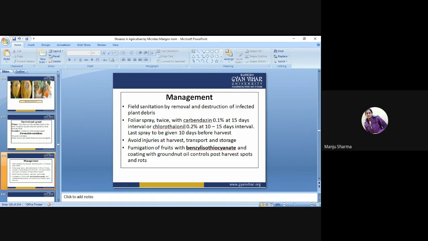Management: field sanitation by removal and destruction of infected plant debris, foliar spray twice with carbendazim 0.1% at 15 days interval, chlorothalonil 0.2% at 10 to 15 days interval, with the last spray to be given 10 days before harvest.